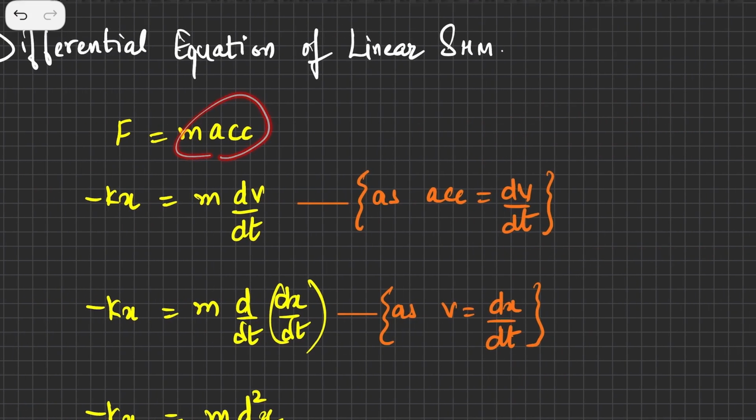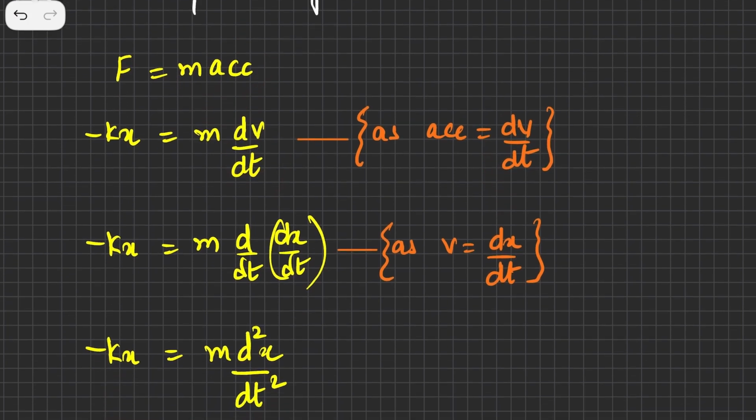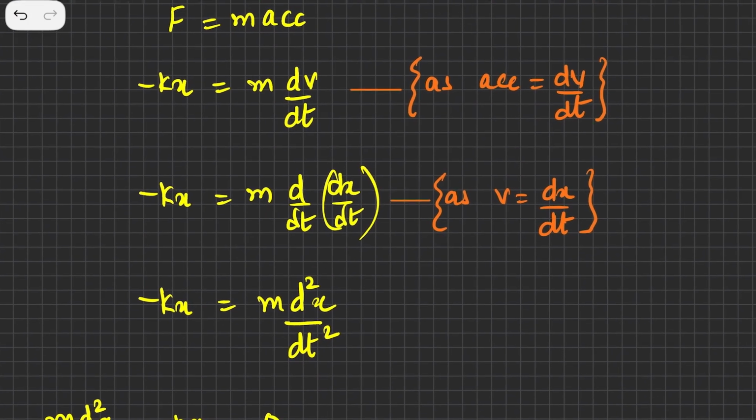So acceleration can be written as dv by dt, as this is the rule. Then velocity is displacement upon time, so wherever there was v, I have written dx by dt, and the d by dt remains as it is.